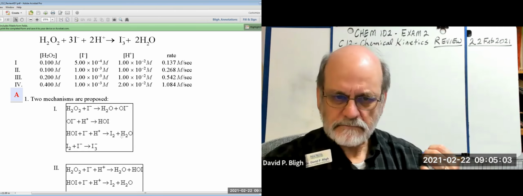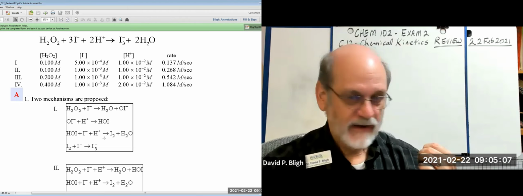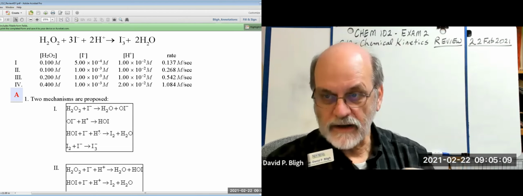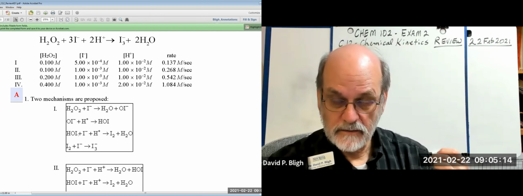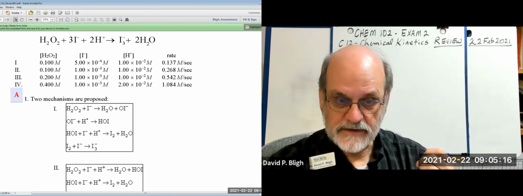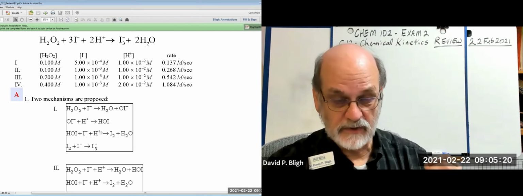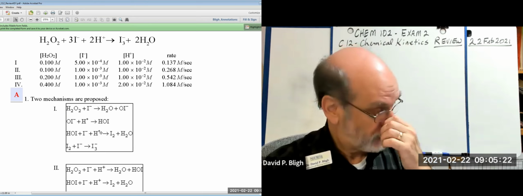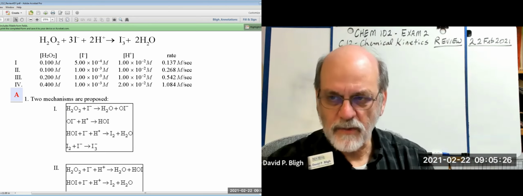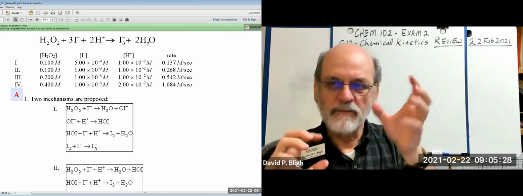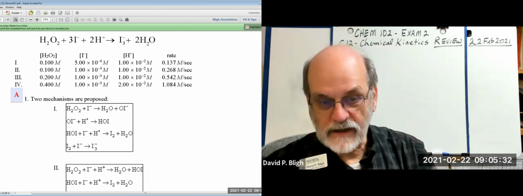So I would be inclined to pick the third one to base the rate law on, simply because it's the step that's termolecular. And remember, termoleculars are very slow, because the probability of getting three components together at the right energy and the right angle is astronomically high.